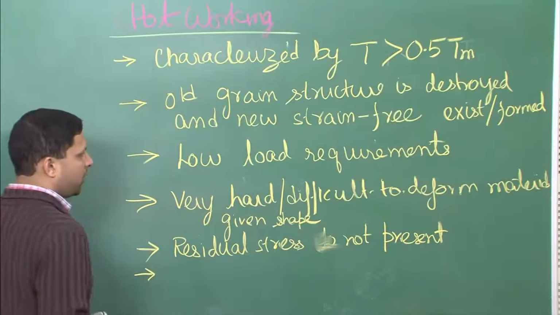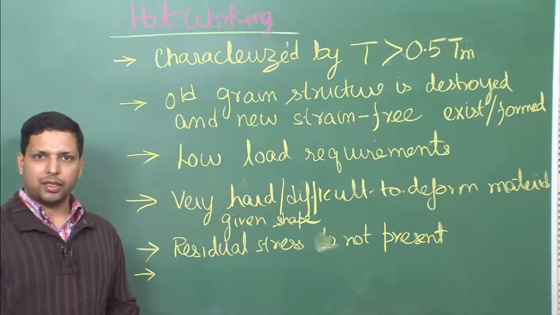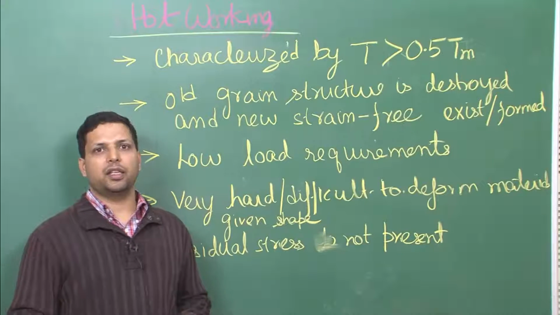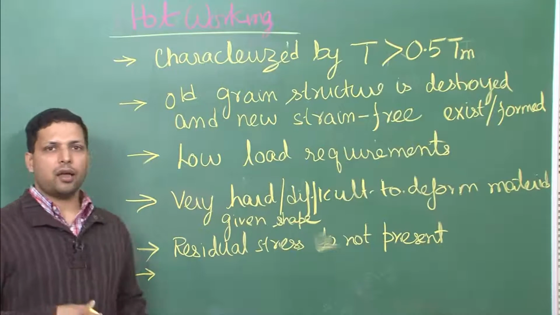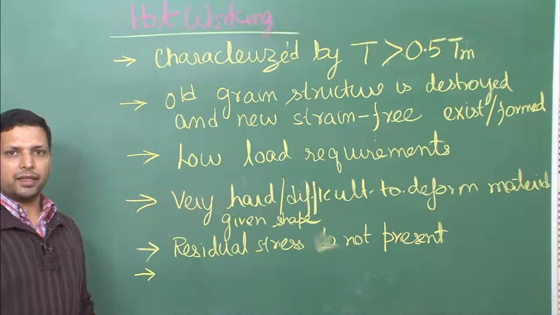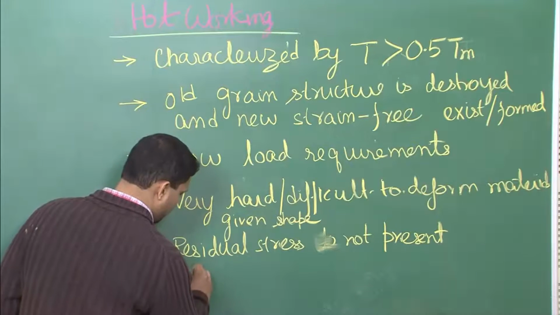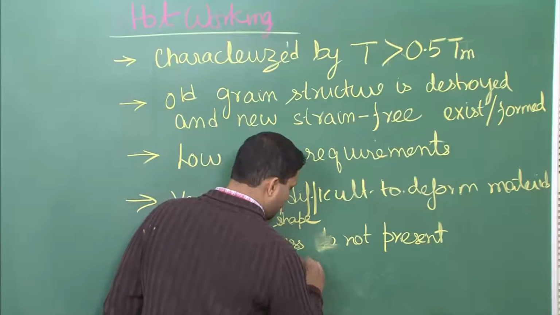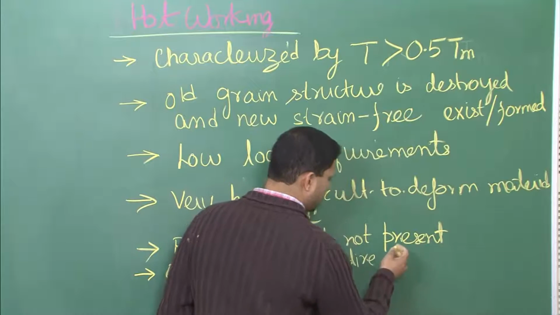And since the grains are new, in the cold working we saw that the grains will have directional structure, because they have deformation, they will be rolled or deformed along one particular direction. Therefore, they will inadvertently have some directional nature, but here the new strain free grains are forming, and therefore, they will not know any particular direction, and so they will be what are called equiaxed grains, and this equiaxed grain implies non-directional properties of the component formed by hot rolling or hot working.